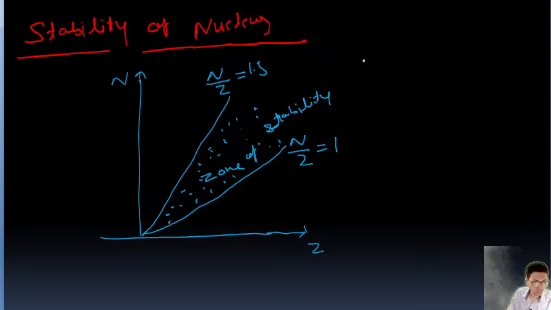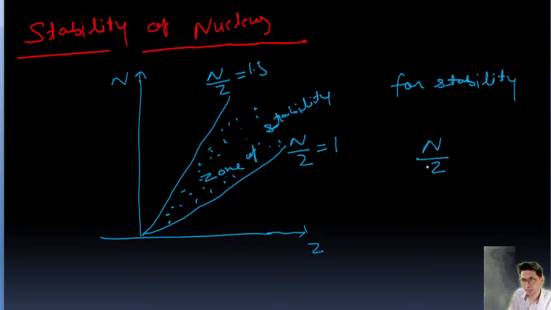Okay, so for stability, for any nucleus, the value of N by Z should be between 1 and 1.3. Very important one.